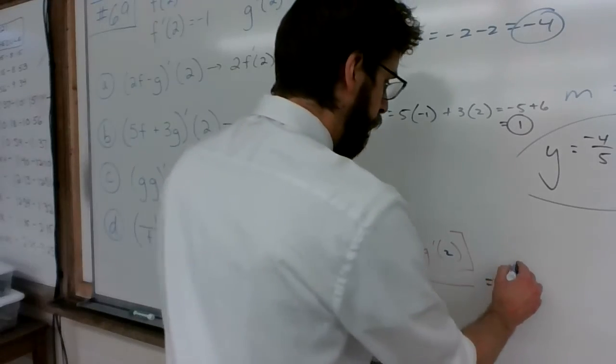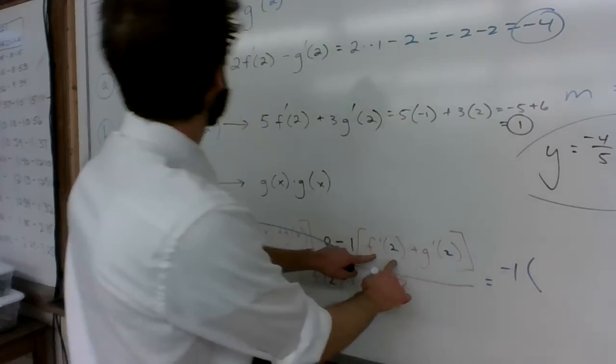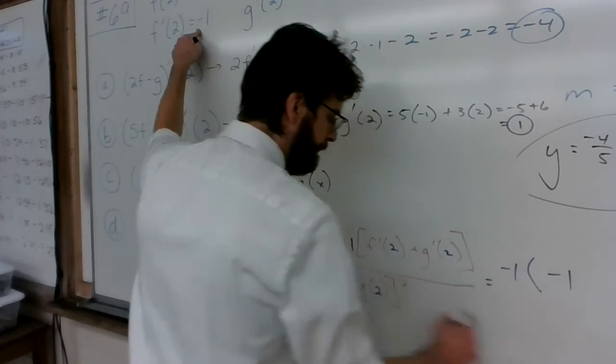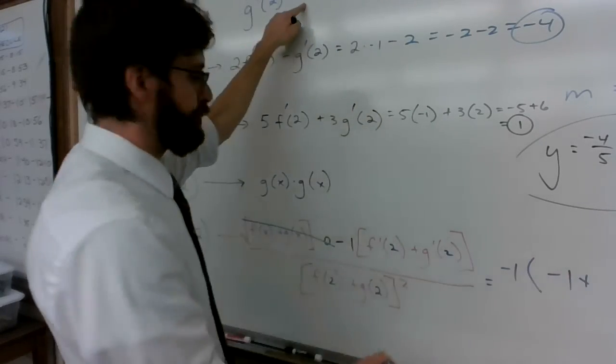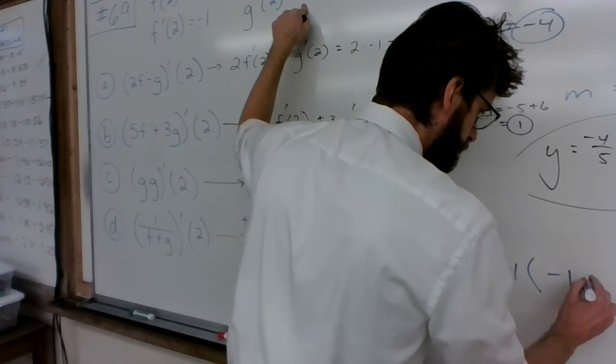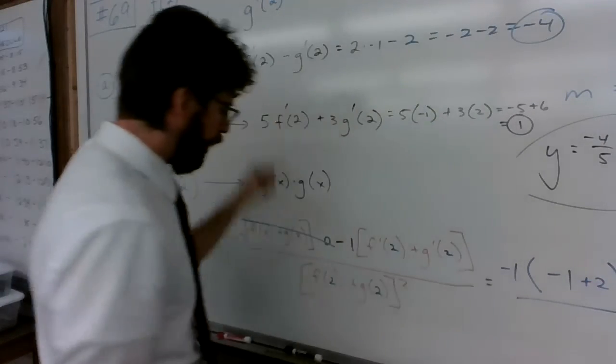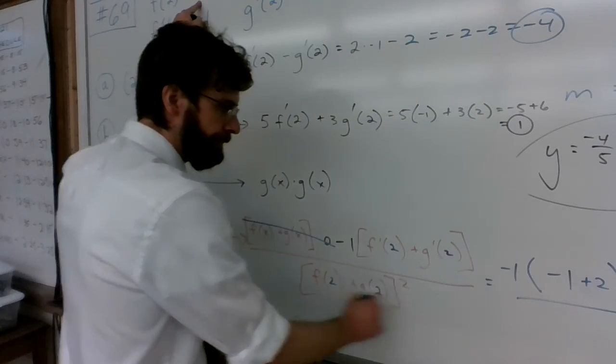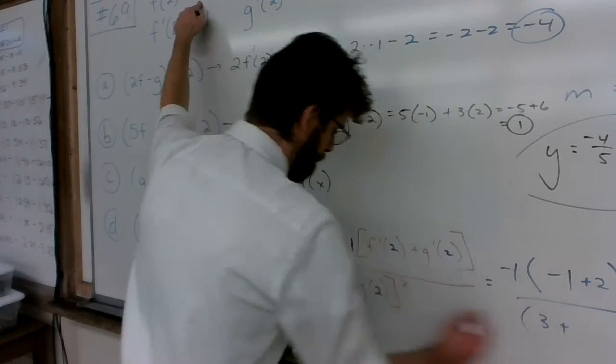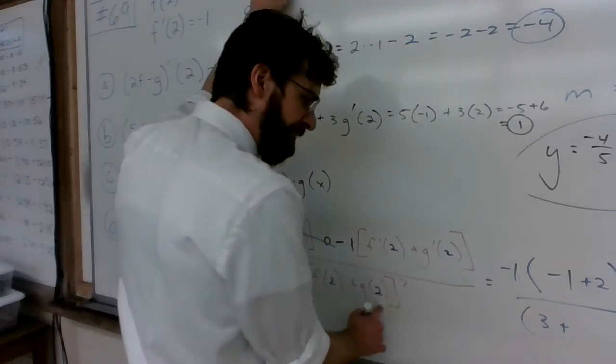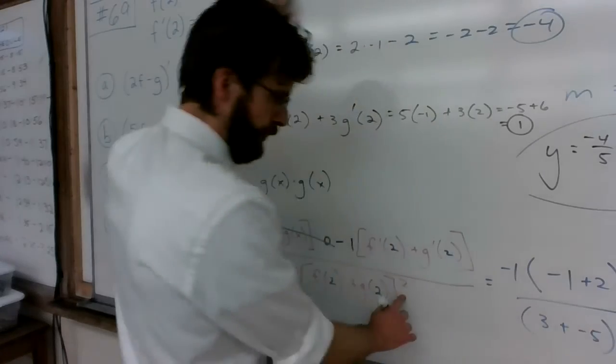So it's a -1 times -1 plus 2, all over 3 plus -5 squared.